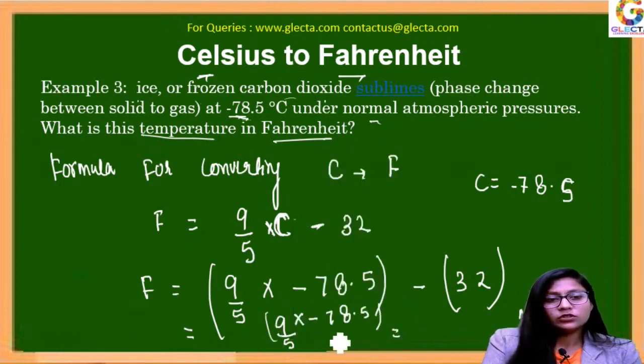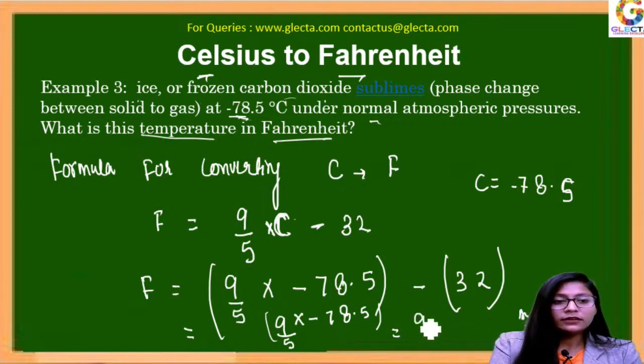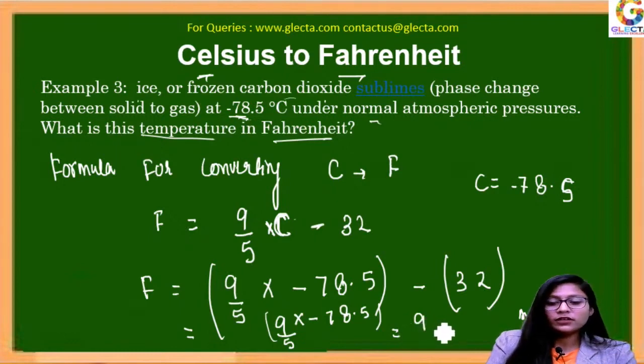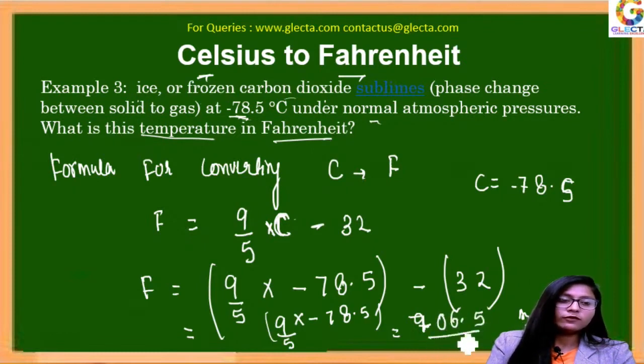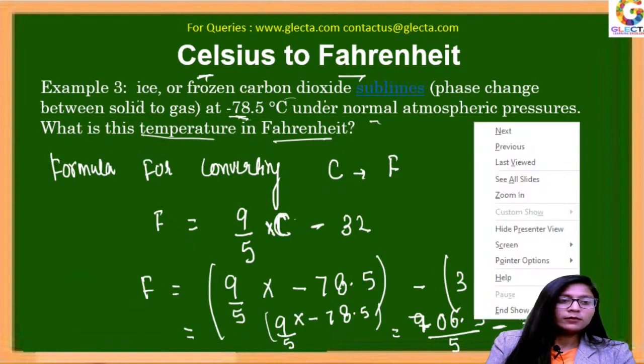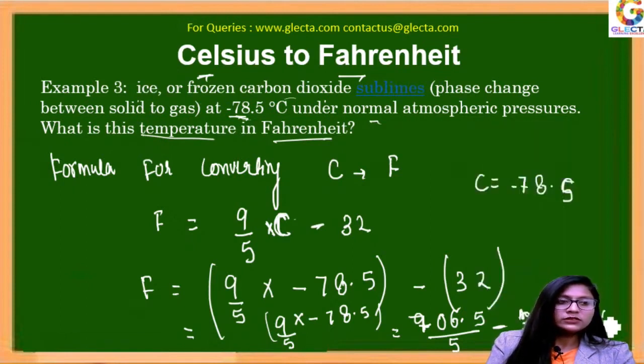Okay, let me solve this one. 9 times 78.5 would be equal to 706.5, divided by 5, then subtract 32, and you will get your answer: minus 109.3 degrees Fahrenheit after subtracting 32 from this value.